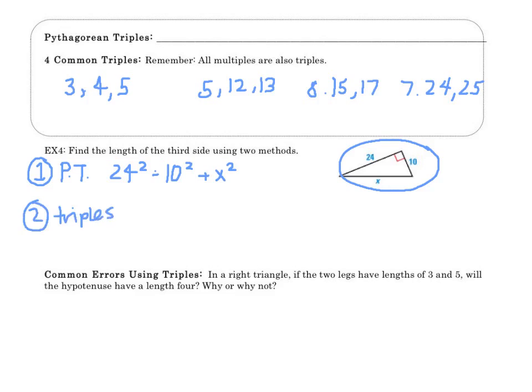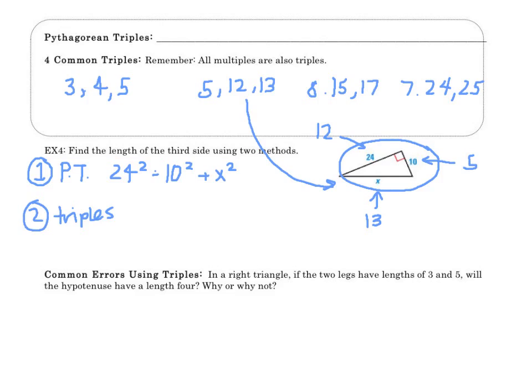If you look at the numbers over here, 10 and 24, and you think about the greatest common factor that they share, which is 2, and you reduce the ratio between them, it reduces to 5 and 12. And you'll notice that this Pythagorean triple, 5, 12, and 13, works. So that means this hypotenuse side would be 13.